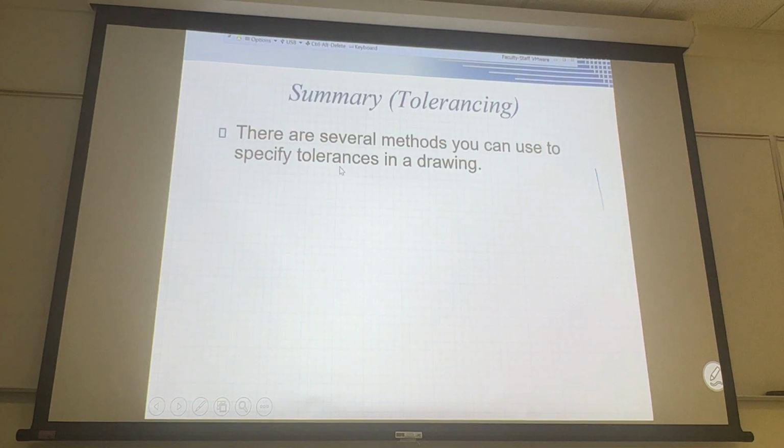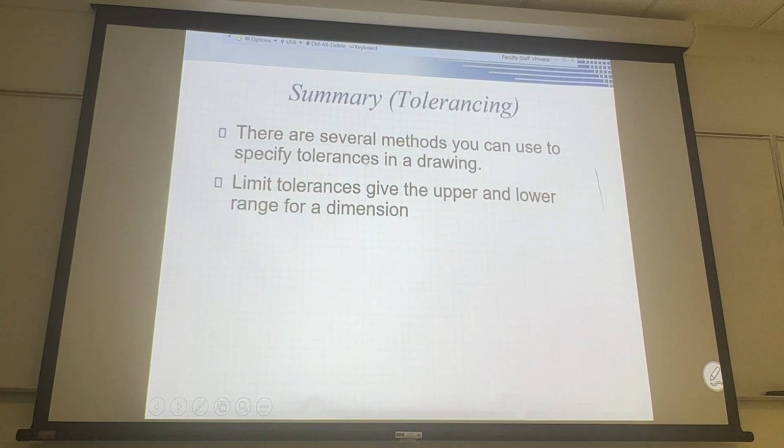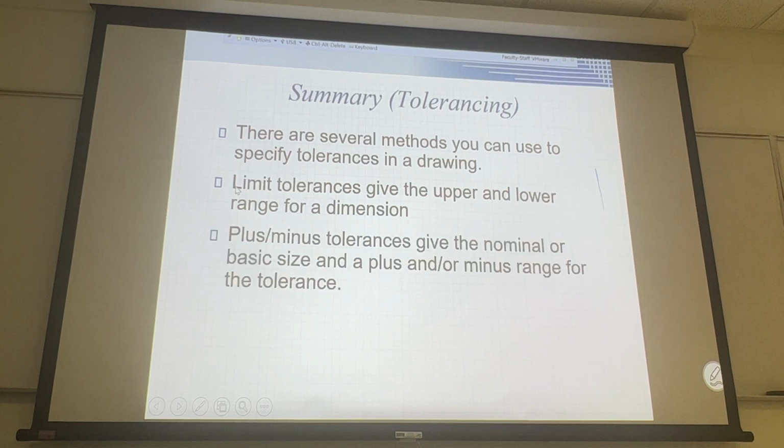Summary of tolerance. There are several methods you can use to specify tolerances in a drawing. One is limit tolerance, which gives the upper and lower range of dimensions. There is plus-minus tolerance, which gives the nominal or basic size and the plus and minus range of the tolerance.